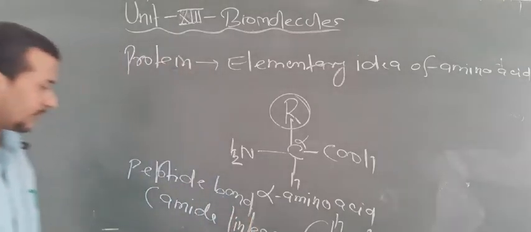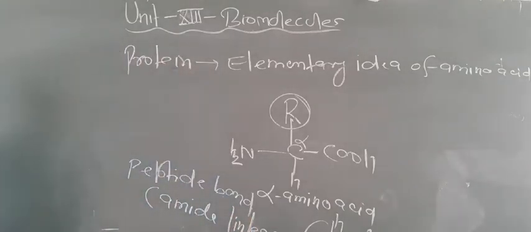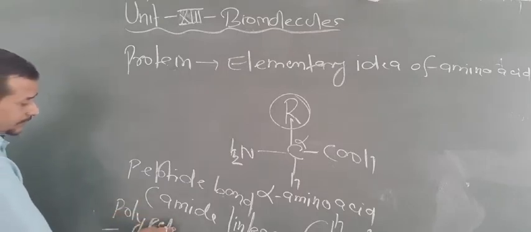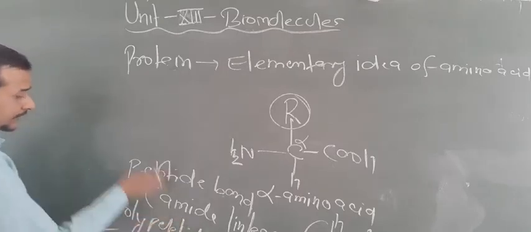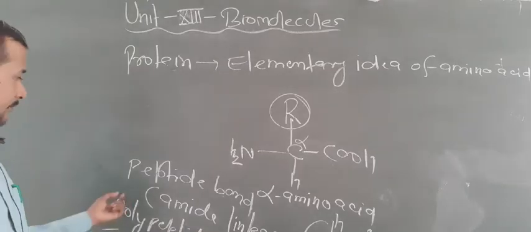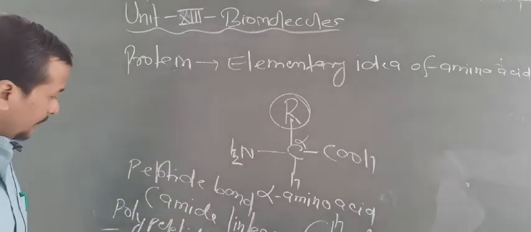Hence peptide bond is also known as amide linkage. Then polypeptide, that means when more than 2 peptide bonds are there, that is known as polypeptide.